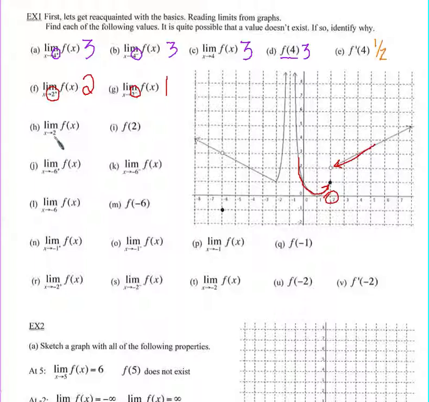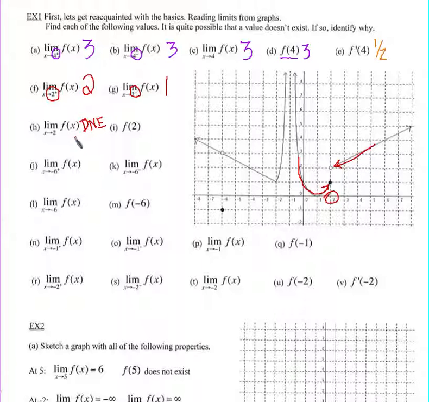So now when we look at the limit as x approaches 2, regardless of whether we're coming from the right or the left, we have a conflict here. It's either going to be 2 if we come from the right, or it's 1 if we're coming from the left. There is not one single answer, one single number. So the way we notate this is DNE, which stands for does not exist.